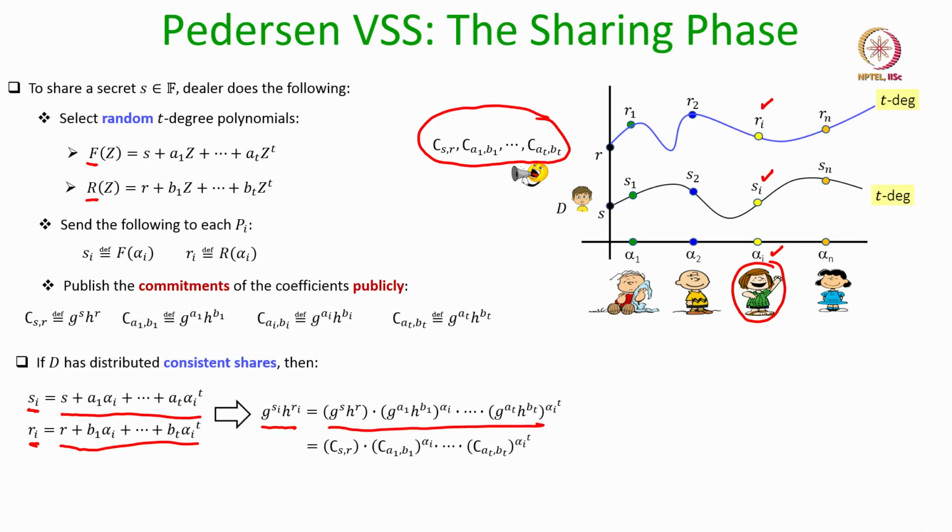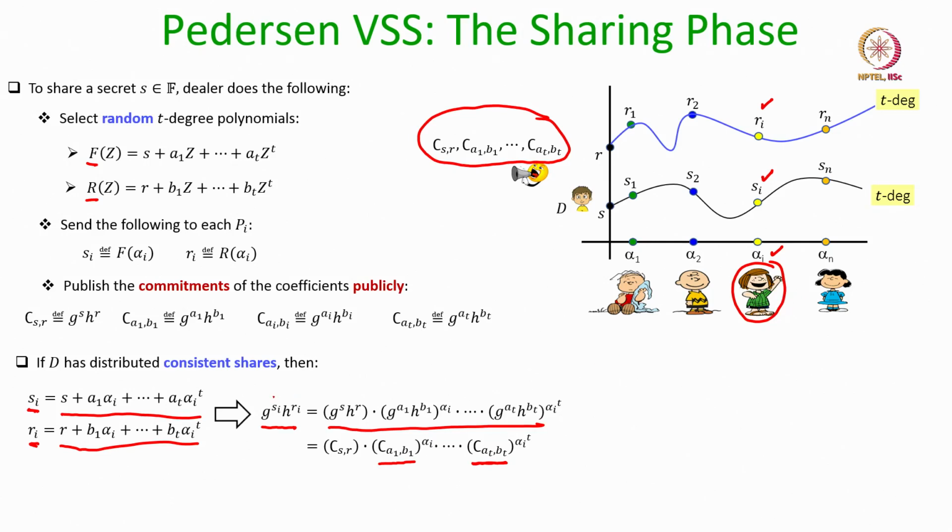Now, if I closely observe these products, I can consider them to be the commitment of S multiplied by the commitment of A1 raised to the power alpha i, times the commitment of A2 raised to the power alpha i square, and like that the commitment of At raised to the power alpha i to the t. So, now what are the things available with Pi?